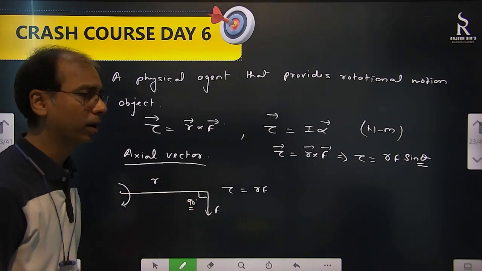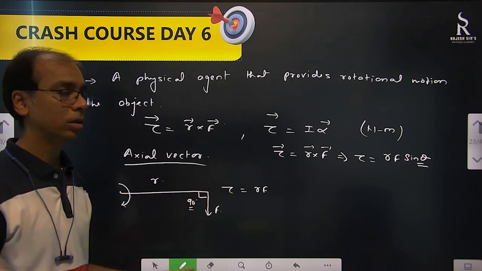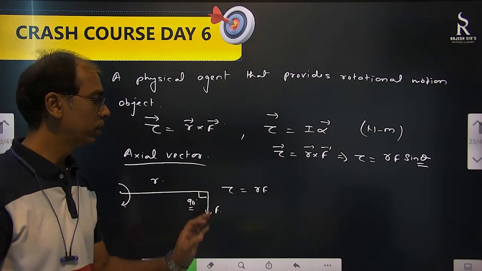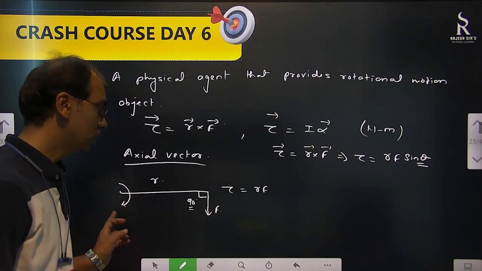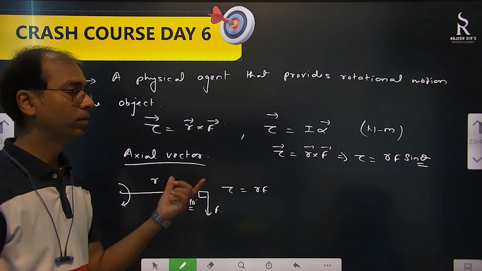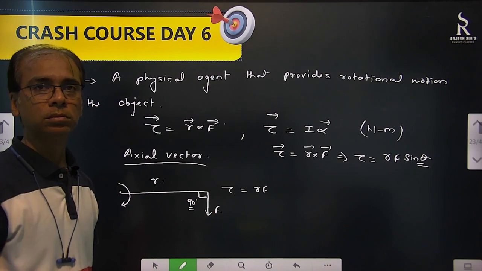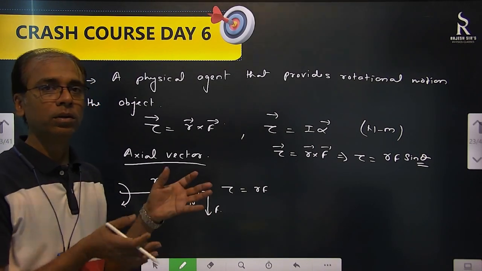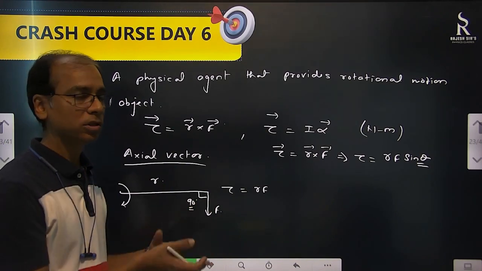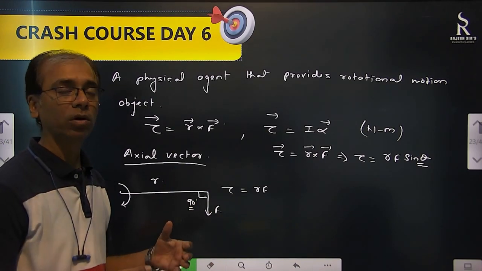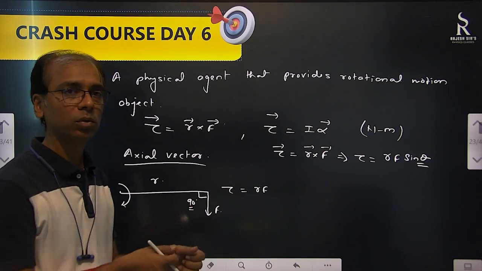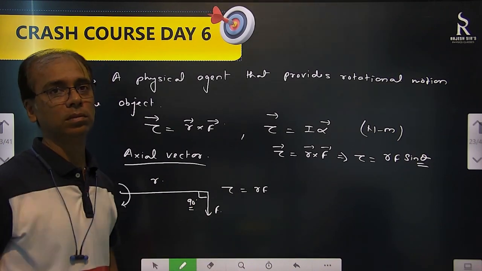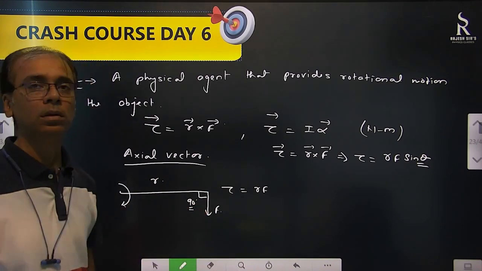More the value of R, more the value of torque. If we don't want to increase F, then increase R, and torque value will be more. Clear? When you are trying to open a particular screw and are not able to, you increase its arm. This is called the length arm.